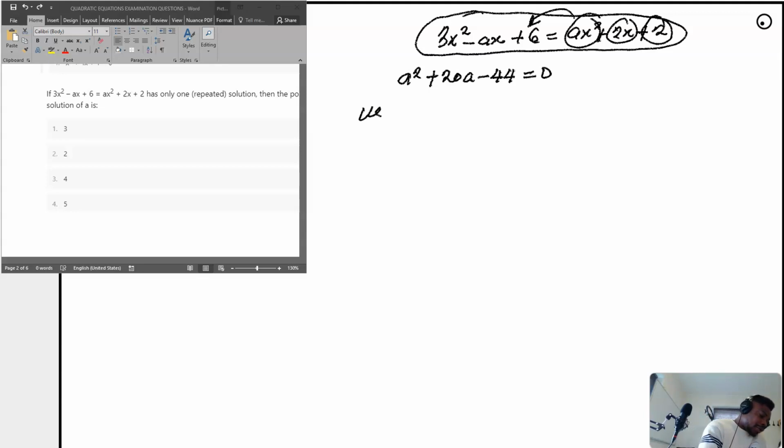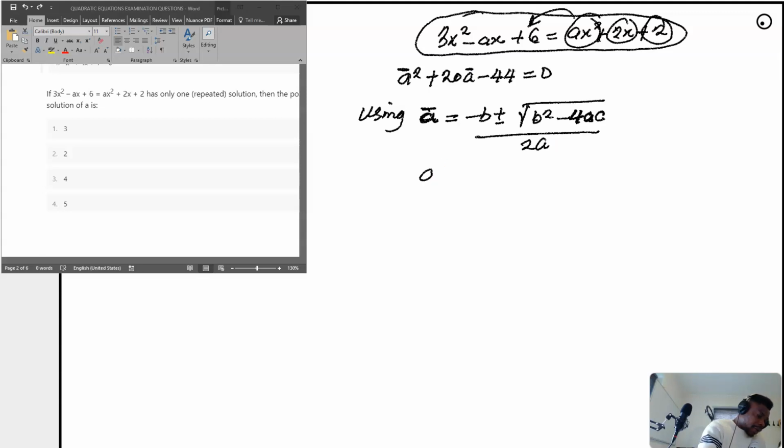So I will be using a bar, because a is our variable, so that we can differentiate it from the a of the quadratic formula. So minus b plus or minus square root of b squared minus 4ac, over 2a. You can see the formula has a and I want to differentiate it from this a. That's why I'm putting this bar over 2a.